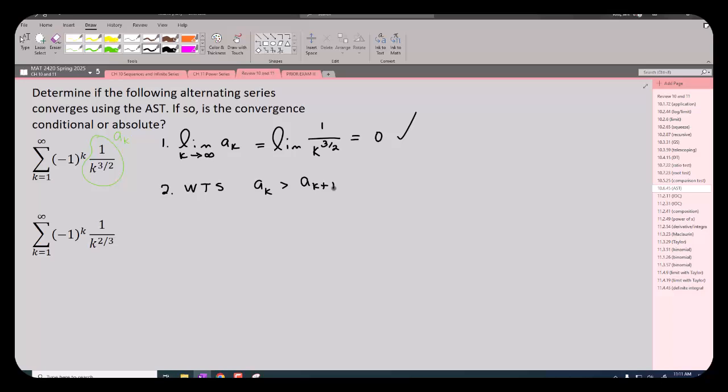It's harder than what we want to deal with. So when this limit is 0, the chances of this not being true are very small for all the functions that we use. Because to create those type of functions, you would need trig functions and weird arguments in the trig function. So here we have our a sub k, which is just 1 over k to the 3 halves. Here we have 1 over k plus 1 to the 3 halves. So that's what we want to show.